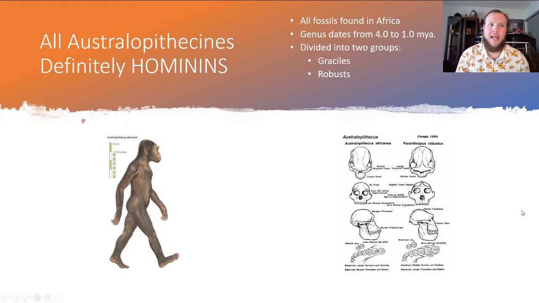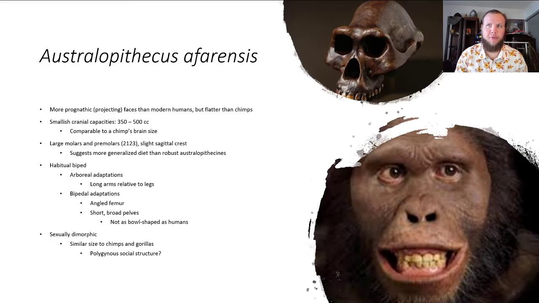So Robustus actually does have a sagittal crest that shows that it was probably eating really rough plants, right? And rough foods, like nuts and tubers, possibly leaves, but more likely nuts and tubers, okay? So we'll get into that a little bit more.